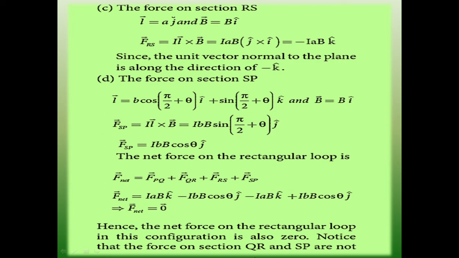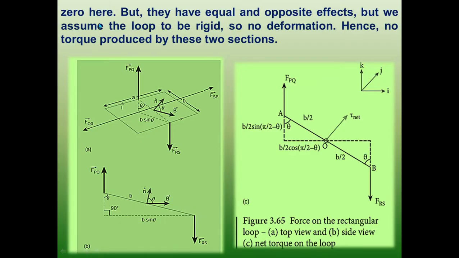Hence the net force on the rectangular loop in this configuration is also 0. Notice that the forces on sections QR and SP are not equal to 0 here, but they have equal and opposite effects. But we have assumed the loop to be rigid, so no deformation, hence no torque is produced by these two sections.